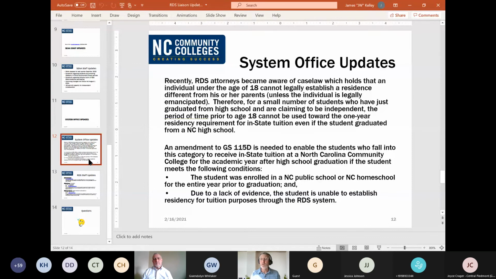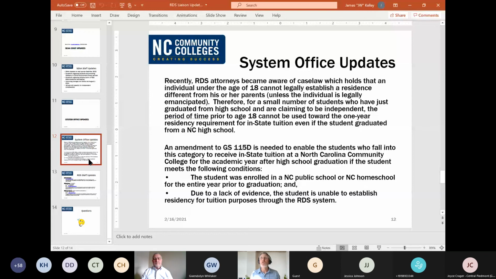RDS has been very helpful in doing some research for us. We've identified over the past year or so that approximately 1,500 students across the state, across all sectors, so not just community colleges but the UNCs and the privates as well, around 1,500 18-year-olds probably benefited from the high school criterion, but would not benefit in the future because of this case law interpretation.